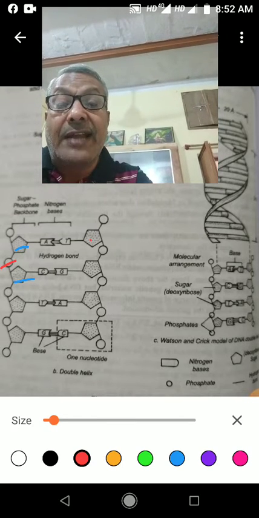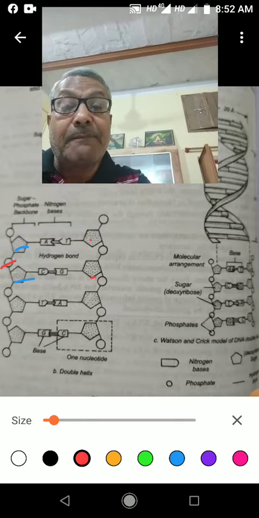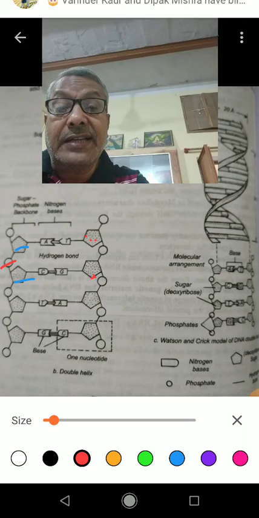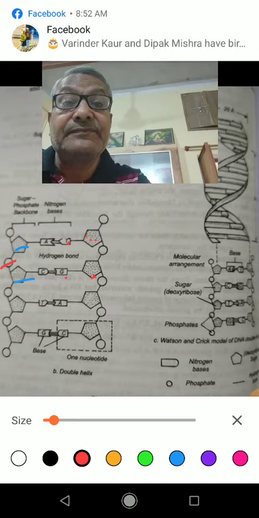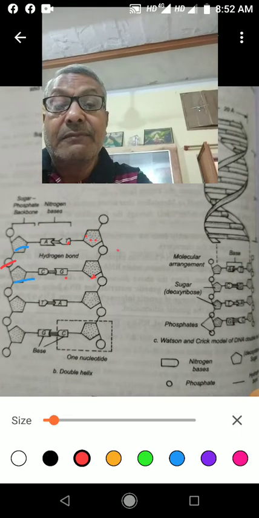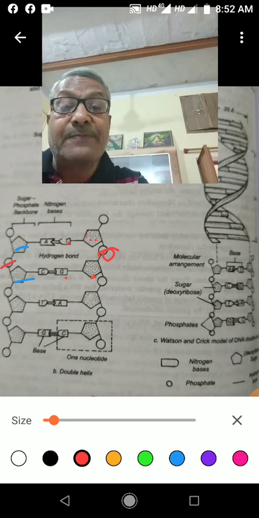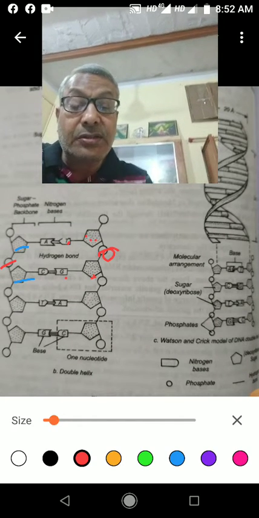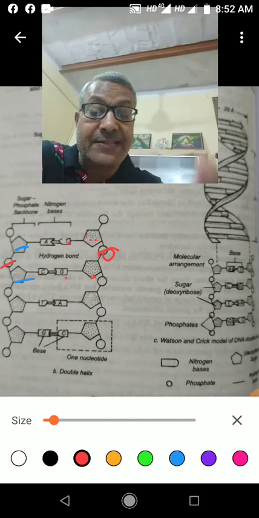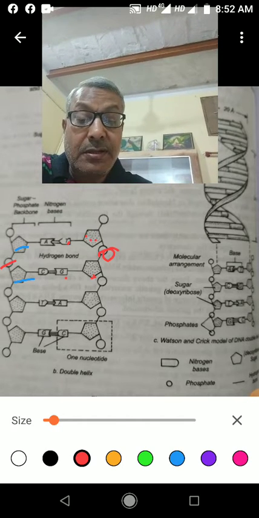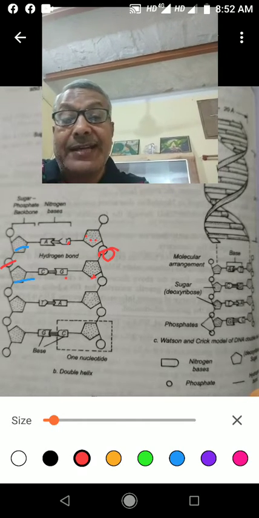This is the nitrogenous base, pentose sugar deoxyribose, and there are nitrogenous bases, and both are attached by this phosphate by a phosphodiester bond. The sugar and phosphate units form the backbone of the polynucleotide chain.